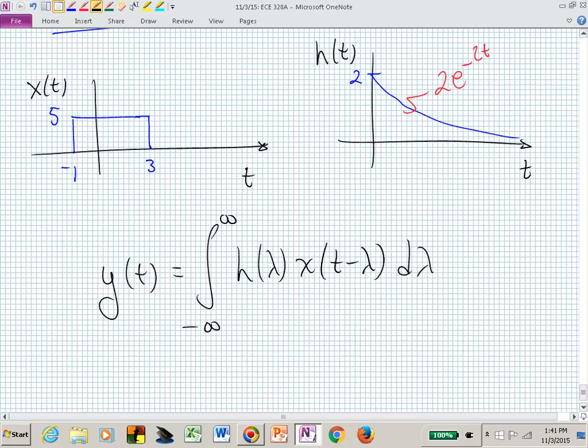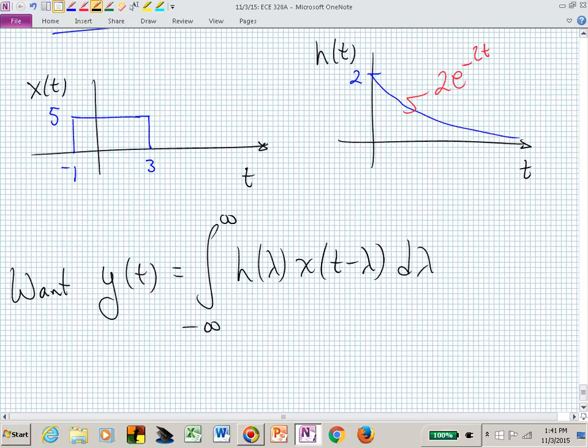We want this. What's h of lambda if h of t looks like this? You know h of t, you then know h of lambda. Just replace t with lambda.